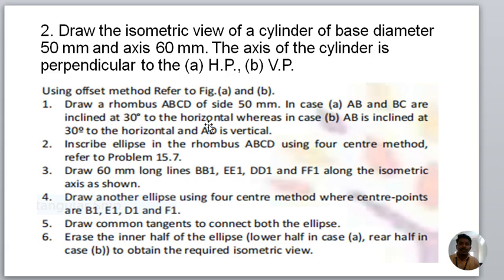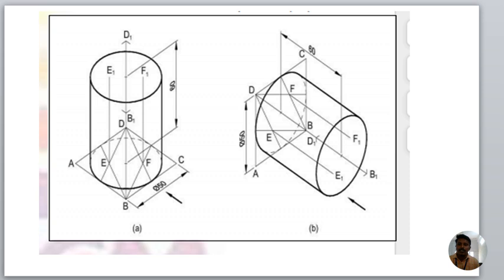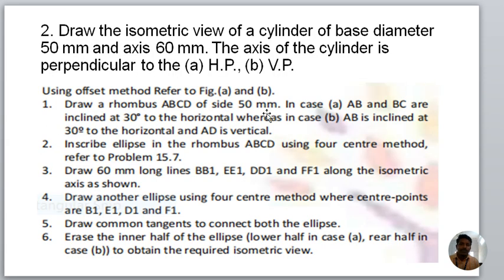First of all, draw the rhombus ABCD of side 50 mm, where AB and BC are inclined at 30 degrees to the horizontal, whereas AB is inclined at 30 degrees to the horizontal and AD is vertical.